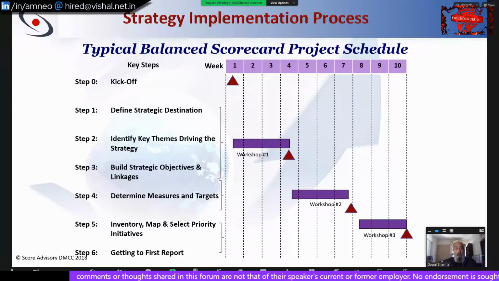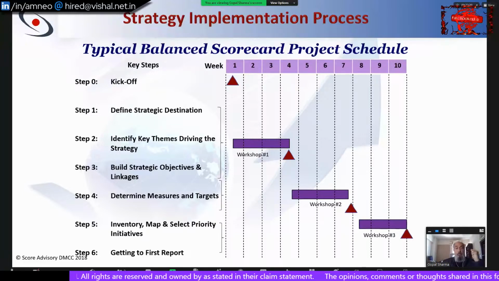You identify the value gap, and based on that value gap, you identify key themes that drive your strategy, and then you put in objectives and linkages so that you know how this strategy is going to be implemented. You have all those objectives and linkages showing how achieving those objectives will lead to your financial result. So that's the first workshop you have.